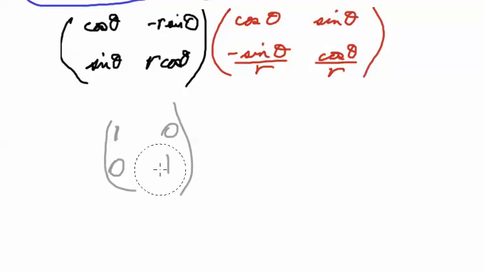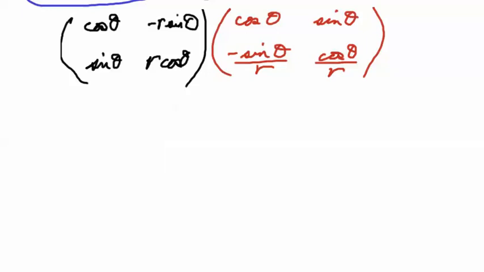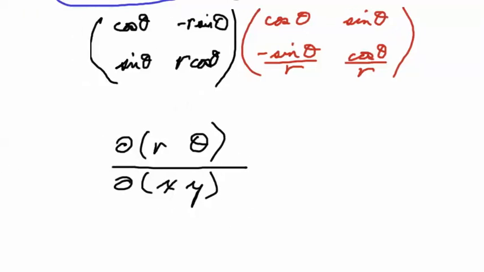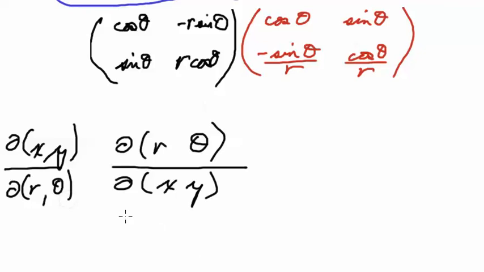But what I want to do is express it in terms of del r theta del xy, so that when we multiply this thing, this we remember was del x comma y del r comma theta, and this was down and this was across because the x was going down, the r's were going across.